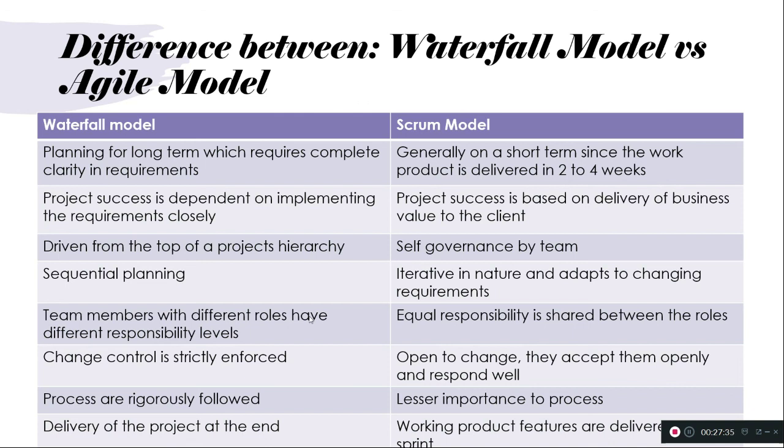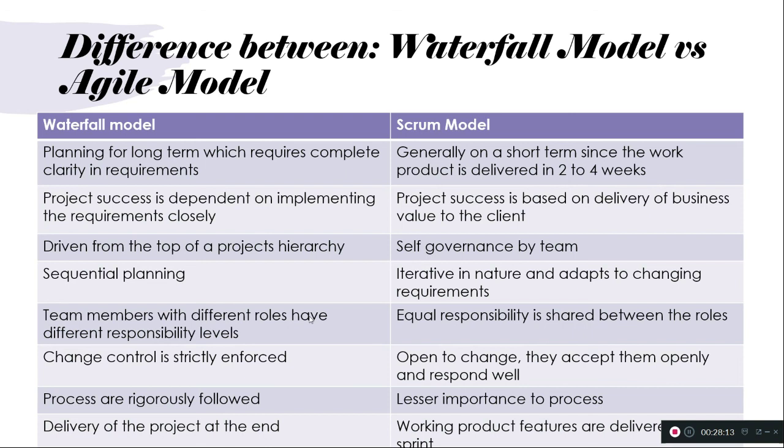Here the architect will have his role and he will not play any other role actually. So the roles are clearly defined and planned. But in Scrum, the responsibility is shared between all the roles. When a developer is doing the development, he needs to do a peer code review and peer unit testing. He also needs to work on deployment. So the responsibility is shared between the roles.